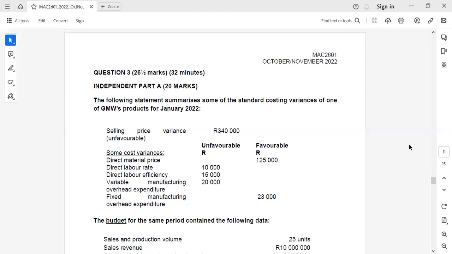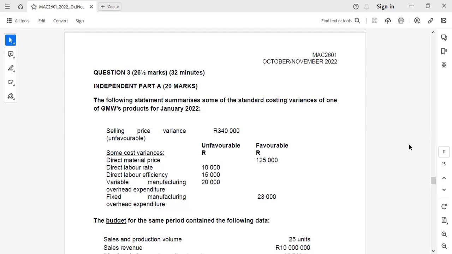Welcome back. Now we can continue. Question 3. The following statement summarizes some of the standard costing variances of GMW's products for January 2022.